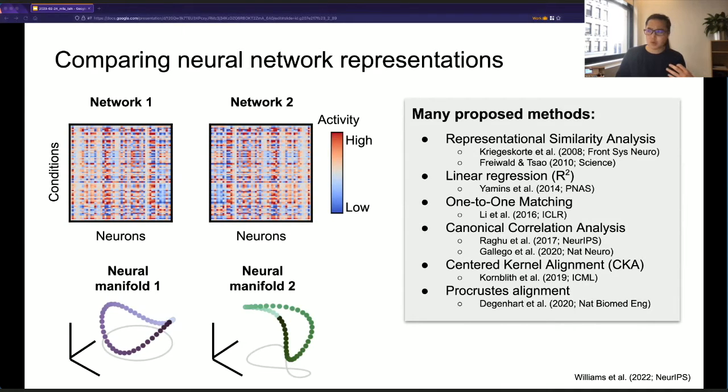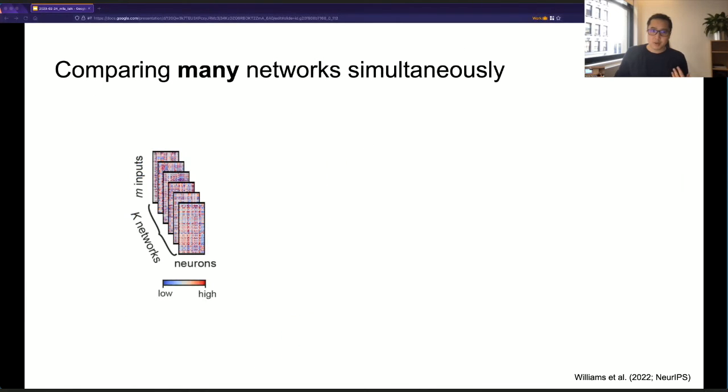One that's most similar to what we're doing is based on shapes and this idea of co-registering two shapes together with a Procrustes alignment. But as I mentioned before, most of these methods are good for comparing two networks with each other. Well, what if we have many networks? Ideally, we would like a tool that allows us to compare all networks in a single space simultaneously.